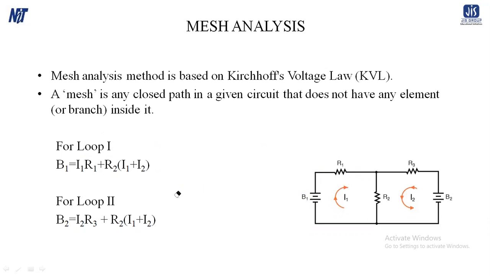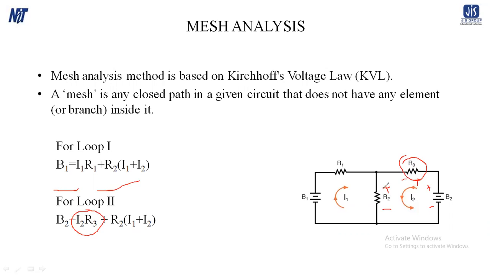Now going to loop 2. For loop 2 we consider plus to minus as per the direction of the current. This is plus, this is minus. The first term is I2 R3, no problem with this.